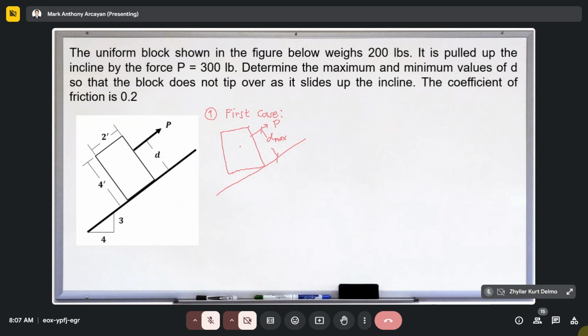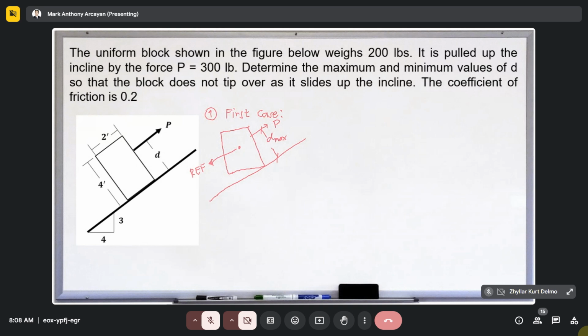And we'll also indicate the reverse effective force. So the REF now is acting at the center of gravity. We put here REF.